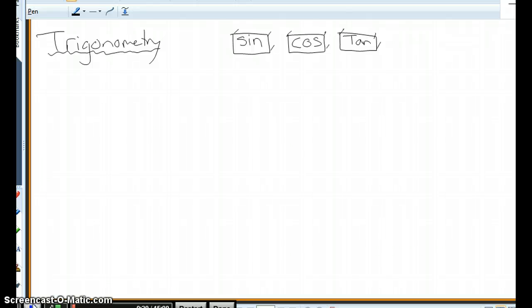So to start off with, we have a right angle triangle. Now, at year 11, every single trigonometric triangle you deal with is right angle. So alarm bells should go off if you're looking at a problem without a right angle in it.